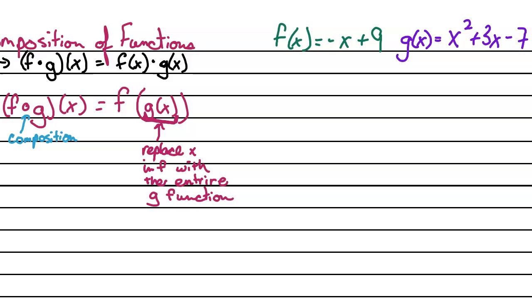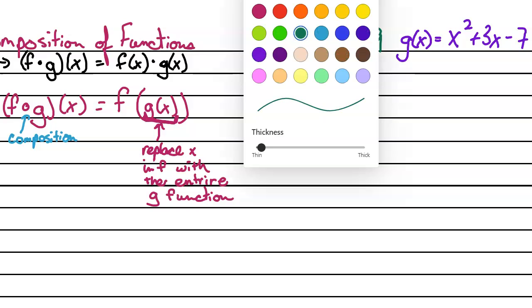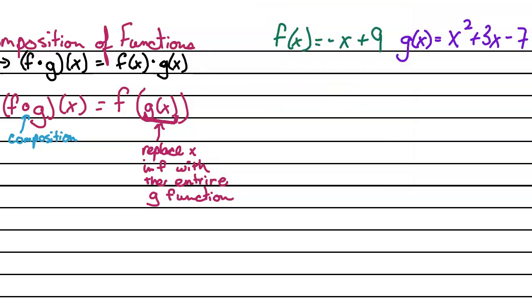So whenever I have f of g of x, I'm going to start with the first function, f, and I'm going to write it down, but in place of my x, I'm just going to put parentheses, because that's what I'm going to be replacing.